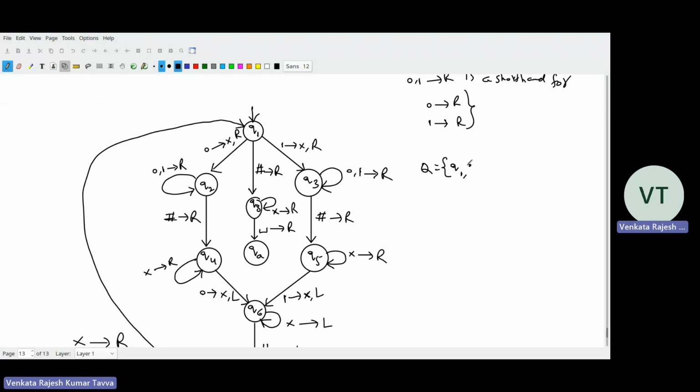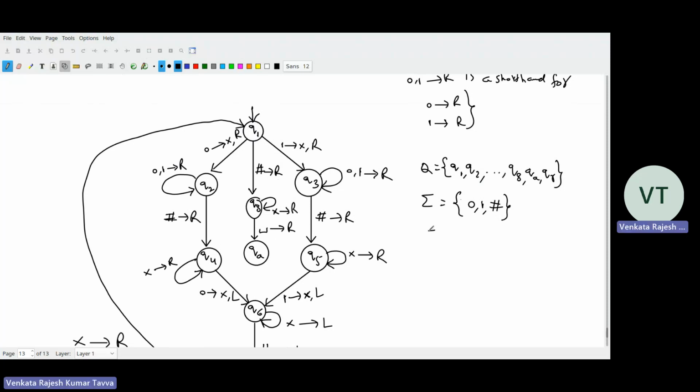So Q1, Q2, and so on up to Q8, Q accept, Q reject. And what is sigma of this language? 0, 1. That's it. Hash also is part of the input string here.